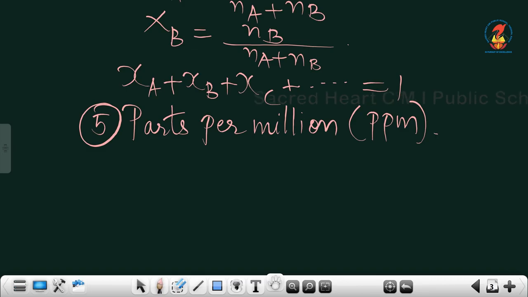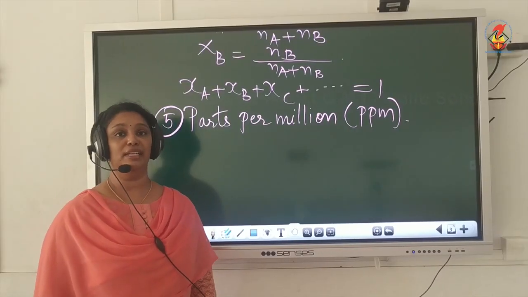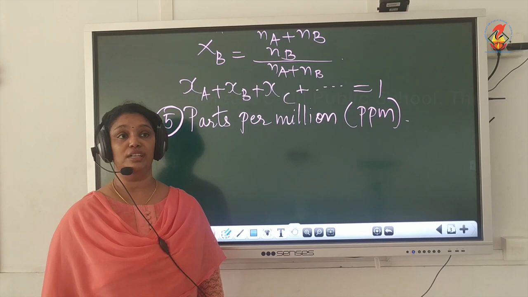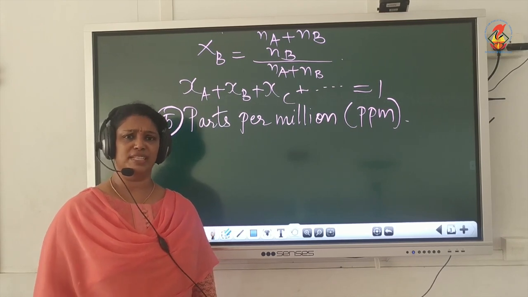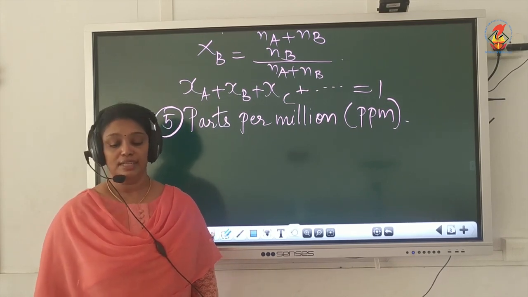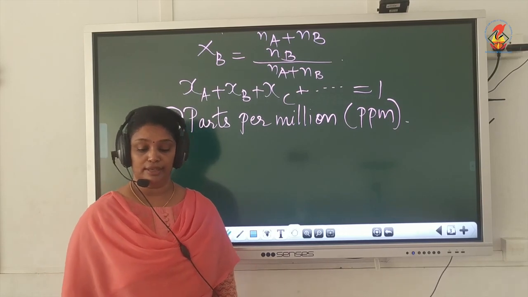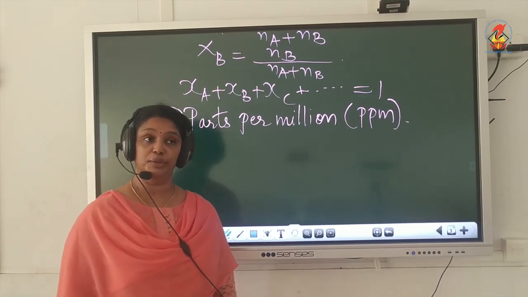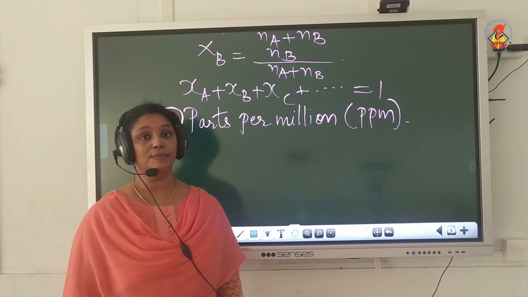Now this concentration term ppm or parts per million is used to express concentration of substances when they are present in very minute quantities, especially for the pollutants, the concentration of pollutants in the atmosphere, we use ppm.